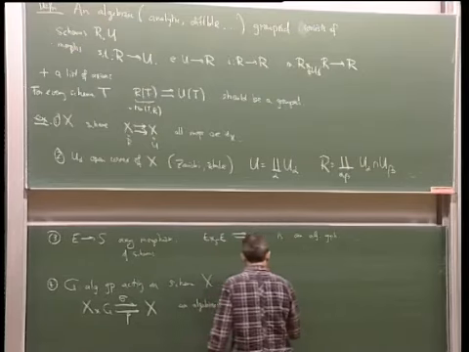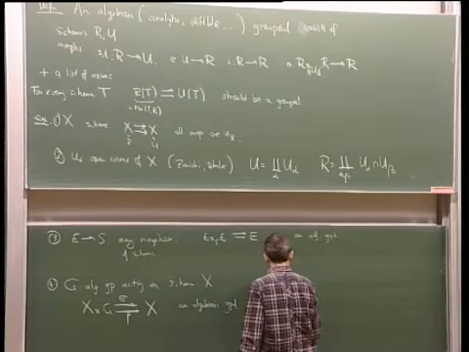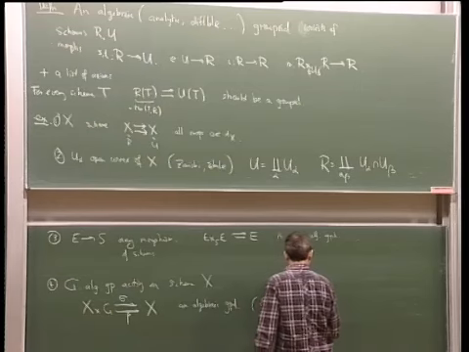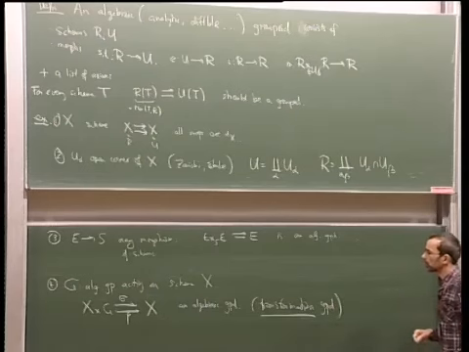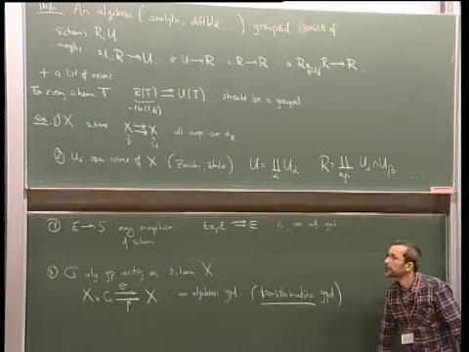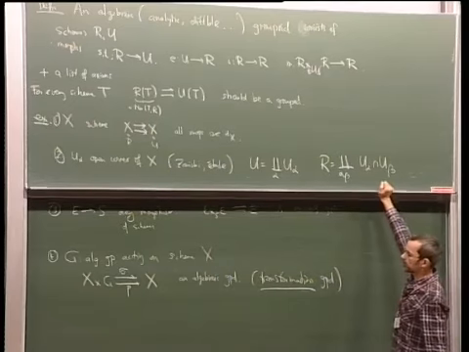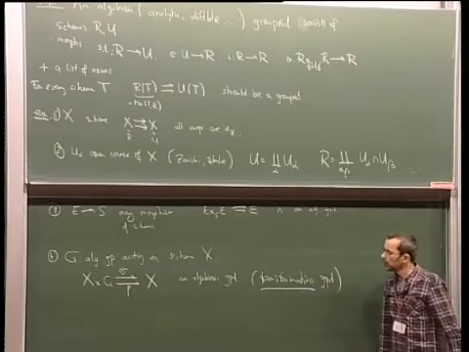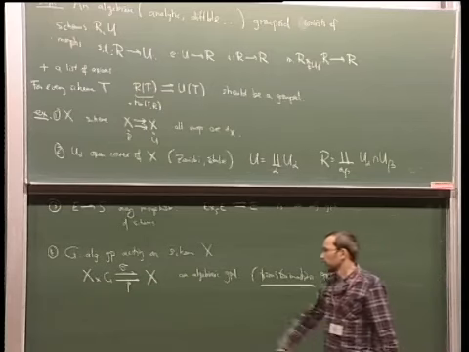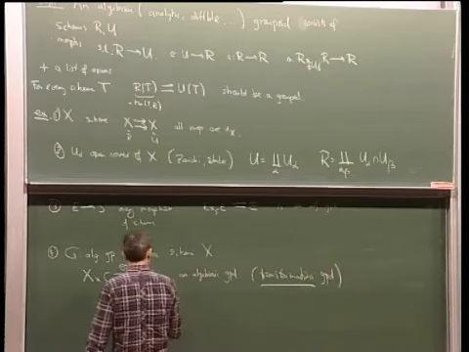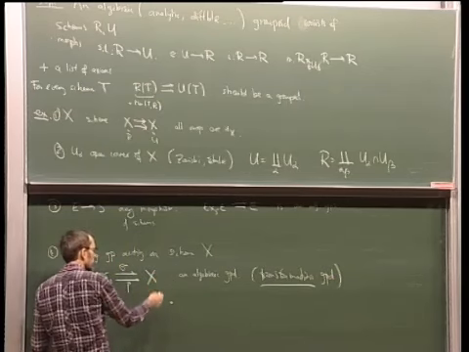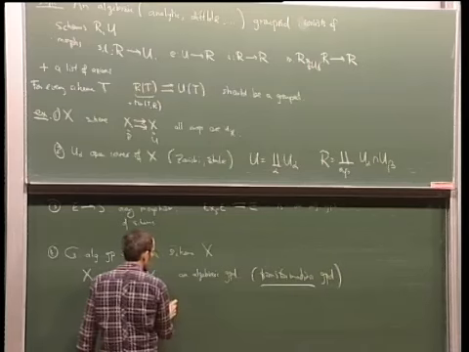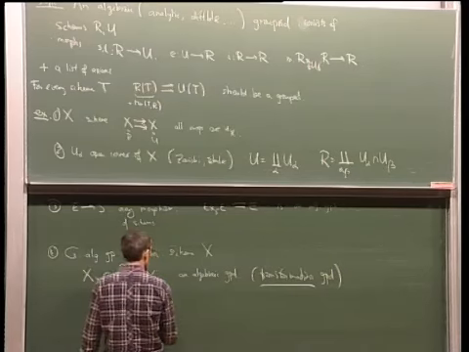This is called the transformation groupoid associated to this group action. So you're supposed to think of every point in the scheme which is acted on as an object in the groupoid.